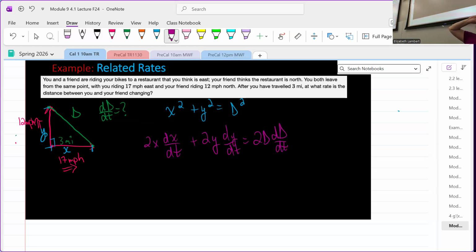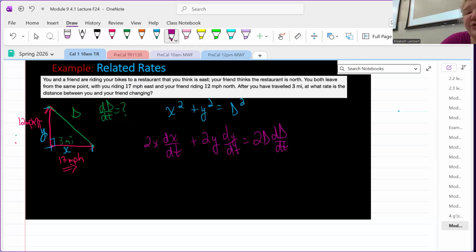So we're going to have to use a little practical knowledge. When you've traveled 3 miles, your friend has also traveled some distance. It's not the same distance because you and your friend aren't biking at the same speeds.